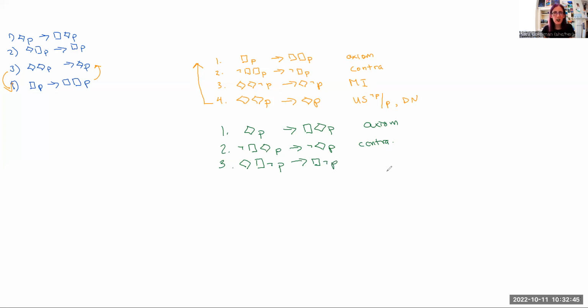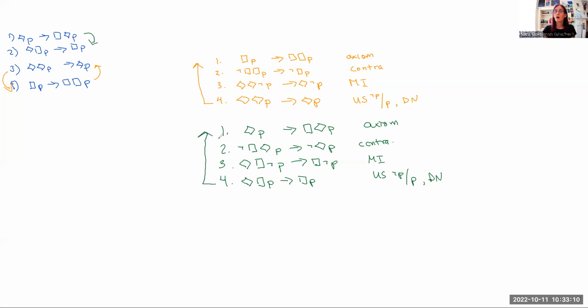Now you see why standard form is so useful? And then we can do the same uniform substitution trick, replacing P with not P, and then doing some double negation so that we get possibly necessary P implies necessary P. So that shows that from this formula, from formula 1, we can derive formula 2.